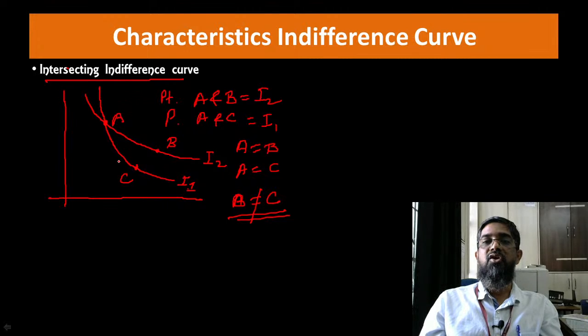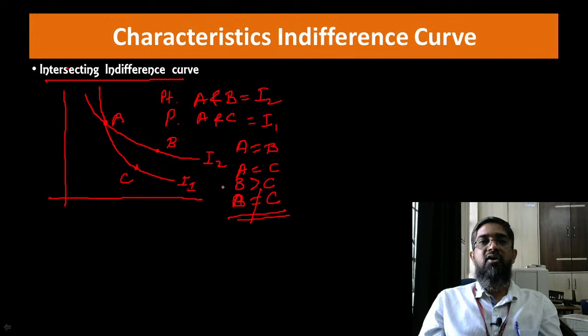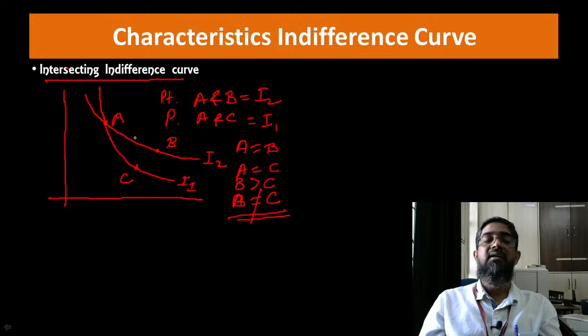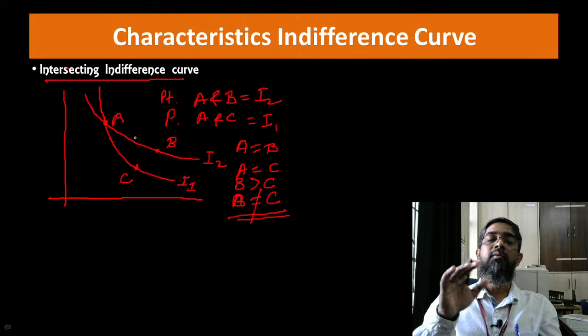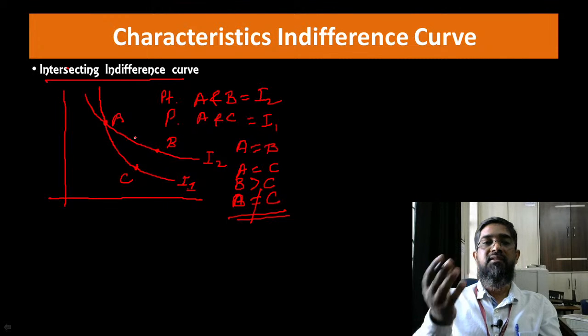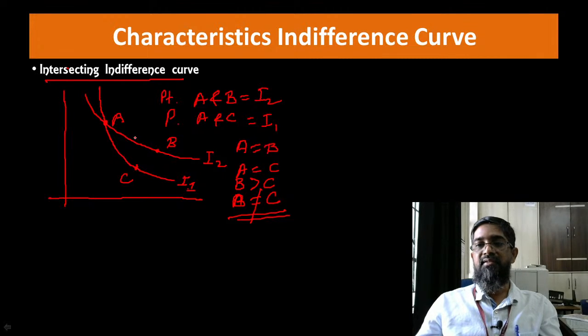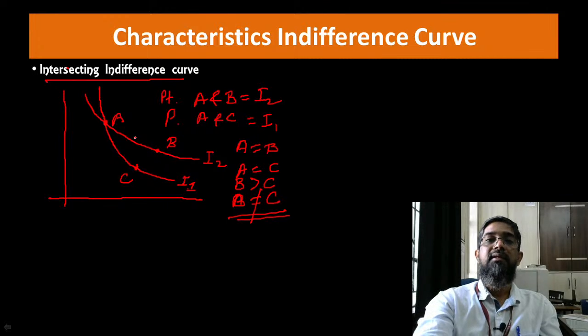Actually, B is not equal to C, B is greater than C, right? But according to this analogy, it is becoming equal, so indifference curves cannot intersect each other. They will be parallel, one above or below the other. That way, indifference curves can be analyzed and explained.